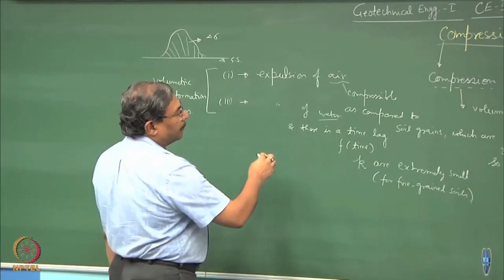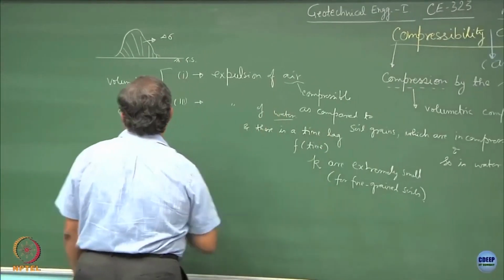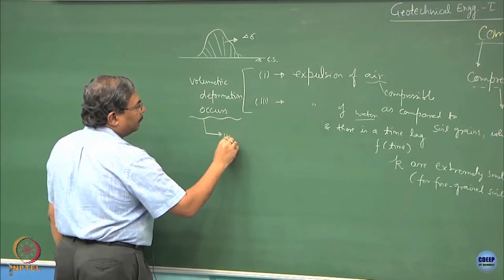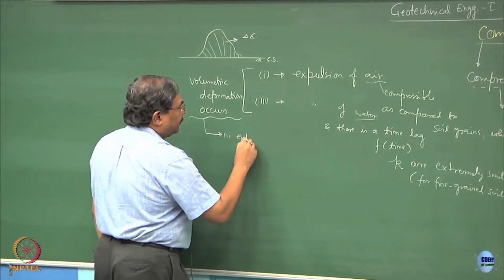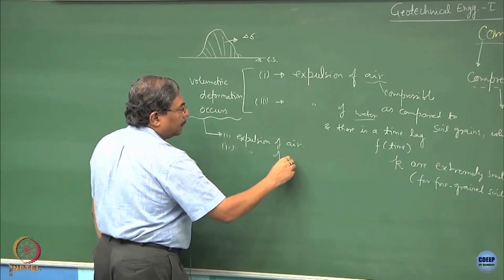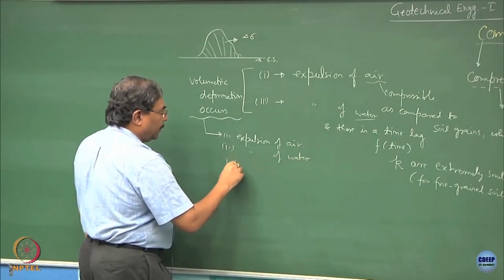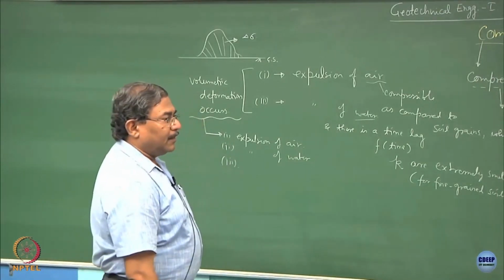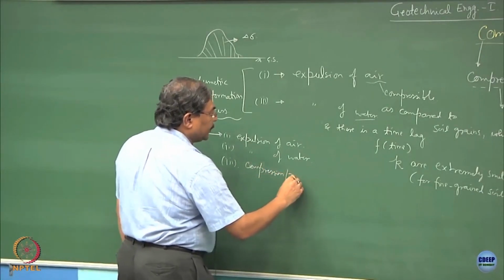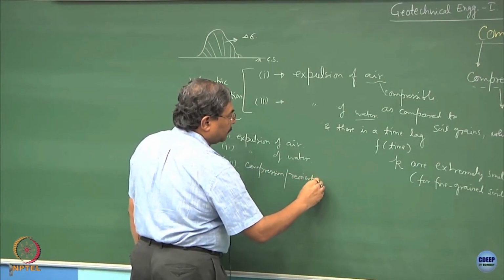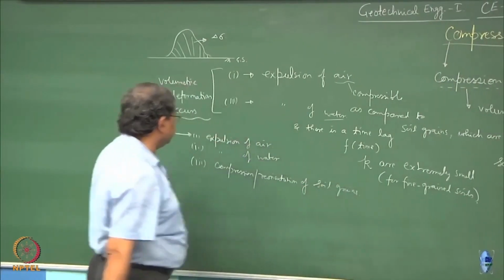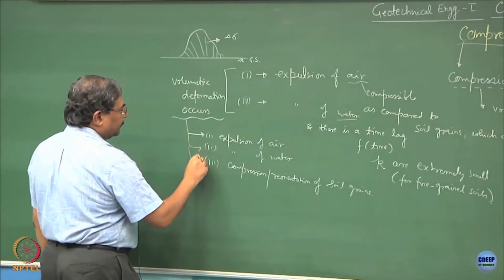The major contribution of the compression is going to come from this process, and hence we say that volumetric deformation of the soil mass is going to take place because of either the expulsion of air, expulsion of water, or the third one could be the compression or reorientation of soil grains. Alright. So, these are three responsible factors.